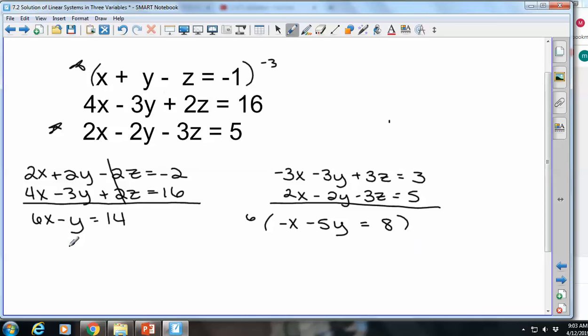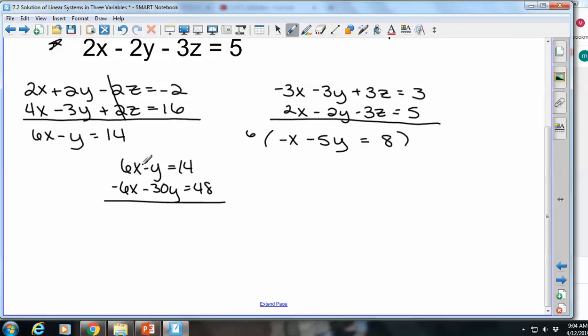So I'm going to keep this equation, 6x minus y equals 14. If I take that one times 6, I get negative 6x minus 30y equals 48. My x's drop, so I have negative 31y equals 62.